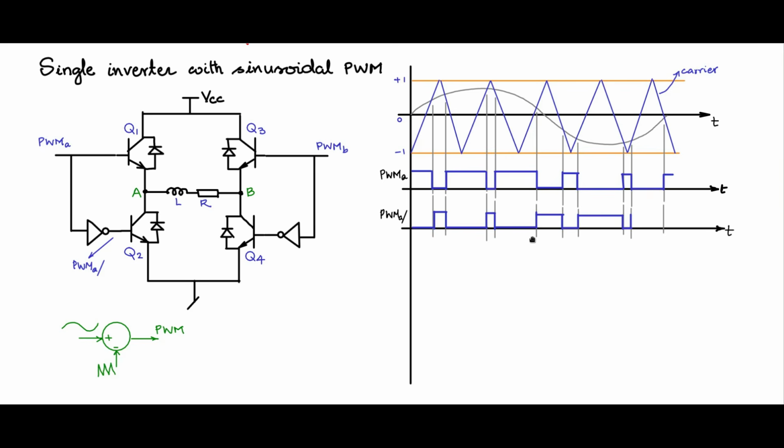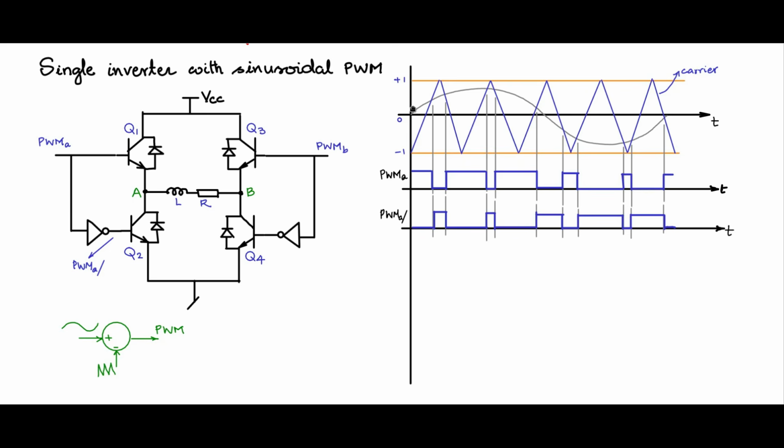So this is PWM A bar. So we have the switching pattern for the arm 1, the A arm, Q1 and Q2 given in these two fashion. Likewise, we should generate Q3 and Q4 also.